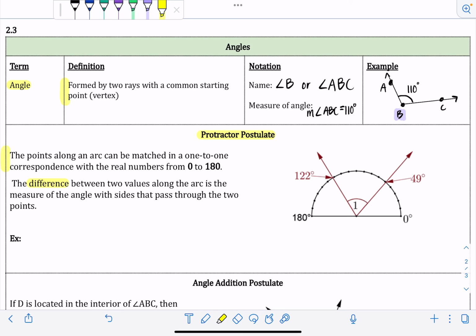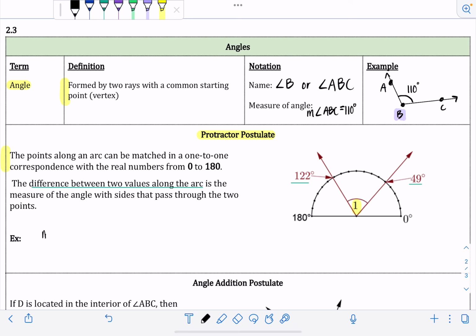I know, pretty wordy, but if we were to break this down, it says the difference between the two values along the arc. So we have to take the two values along the arc and subtract them, because difference means subtraction. I'm going to say this angle is just called angle 1.